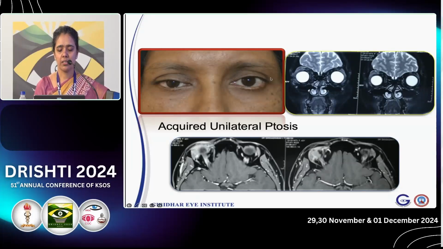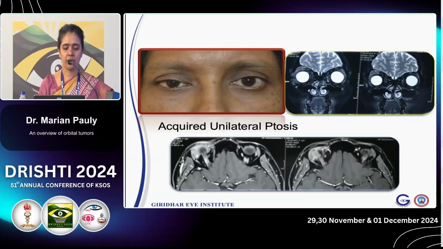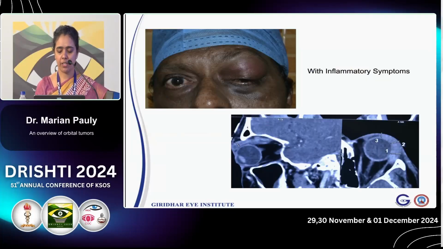There was diffuse soft tissue in the supratemporal quadrant. So naturally we could treat it as dacryoadenitis. Since she had a history of CA breast, we thought a little out of the box. It was a metastasis. Again, with inflammatory symptoms, this we have already seen from Dr. Aparna, it was a case of lymphoma.